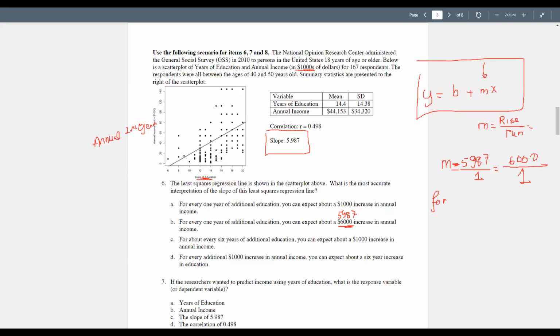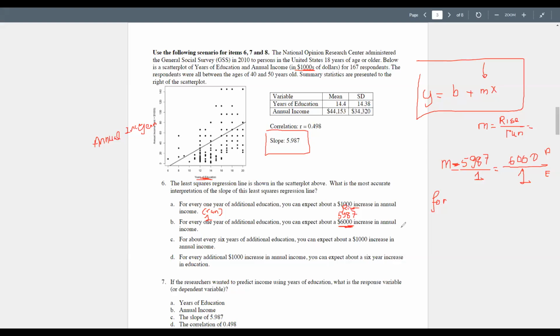Okay, so this is the annual income, and this is the education that you have. So for every 1 year, this is the run of additional education, you can expect a rise of 5,000 in annual income.